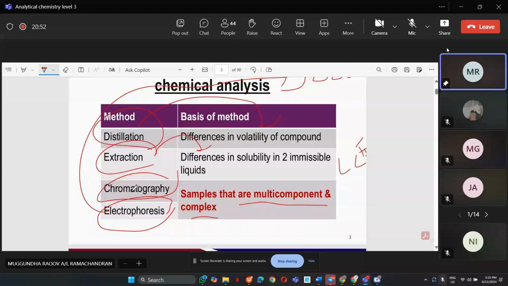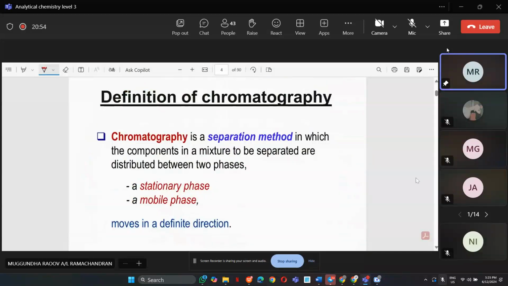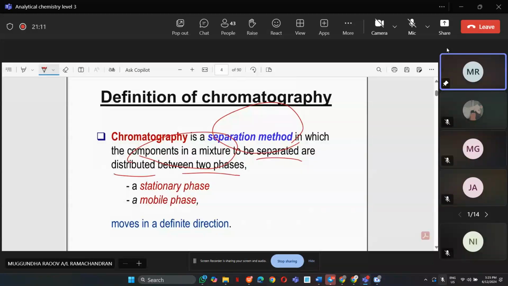Now, let's move to the definition of chromatography. So what is chromatography? Basically, chromatography is a separation method where the components of a mixture to be separated are distributed over two phases: a stationary phase and a mobile phase.